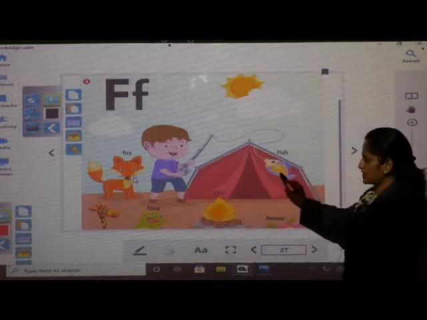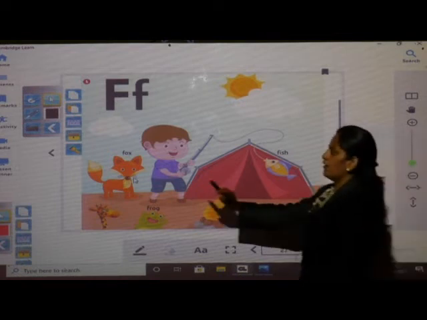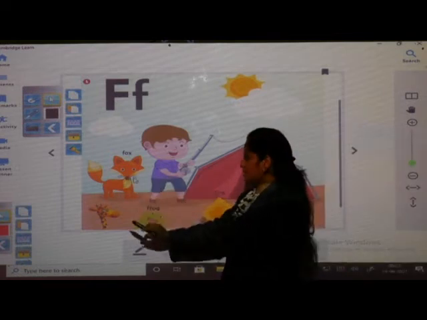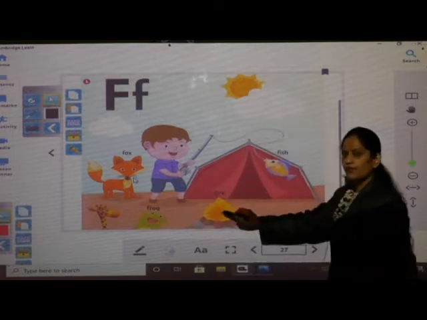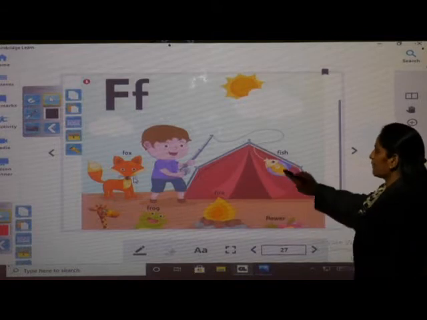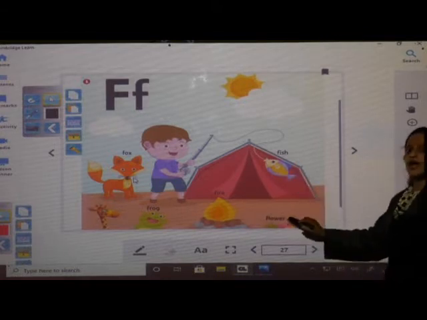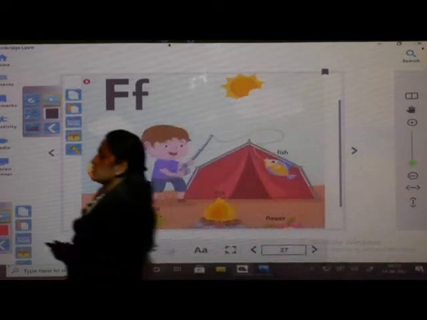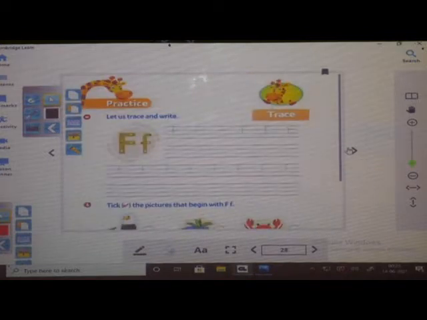F. Fish. F. Flower. Okay? So, what is the phonic sound of letter F? It is F. Okay? Turn the page, take out your pencil, eraser, sit properly straight.